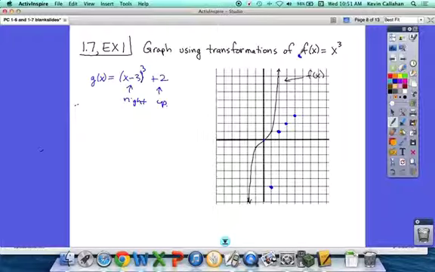You can still kind of see the shape, right? This is the shape we started with. That's kind of the shape we're ending with.